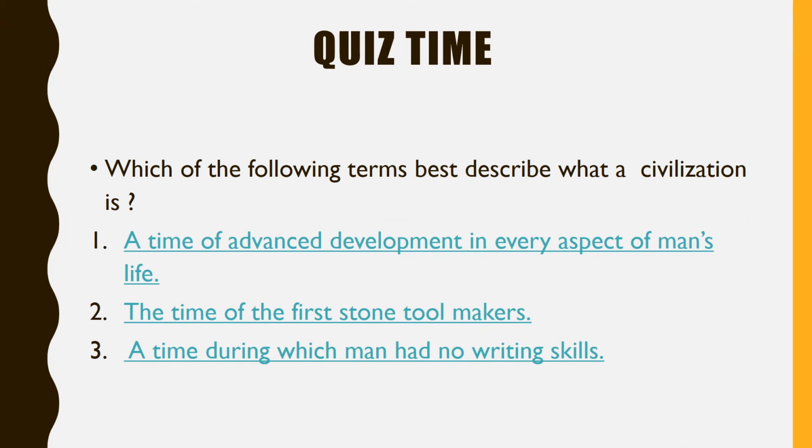Now, students, which of the following terms best describe what a civilization is? It's okay for you to pause the video and go back to the previous slides to determine which of the following options below is the best answer. Is it a time of advanced development in every aspect of man's life? The time of the first stone tool makers?